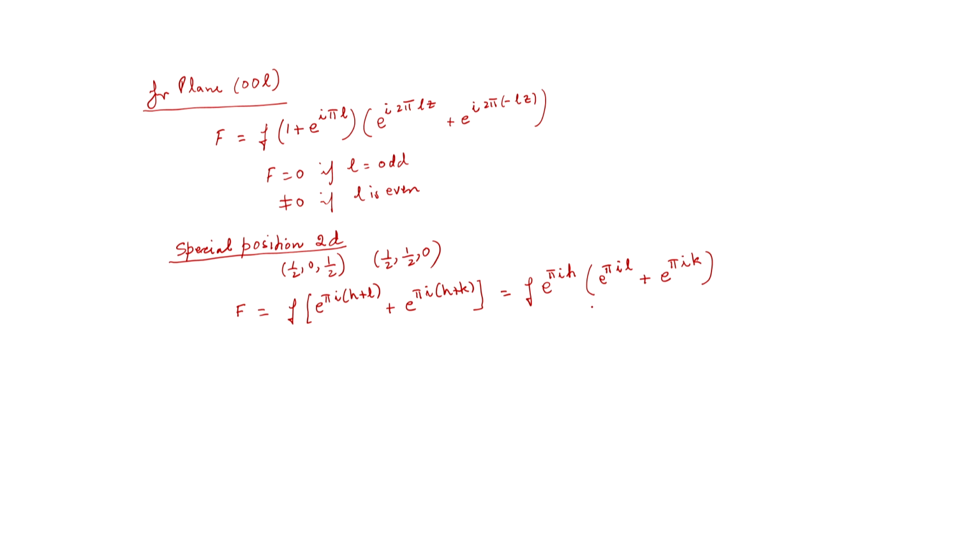Let us look at this bracketed term. These two terms could be plus or minus 1, depending on whether L is even or odd, K is even or odd. So if L is even and K is odd, one will be plus 1 and the other one will be minus 1, giving me a structure factor of 0.